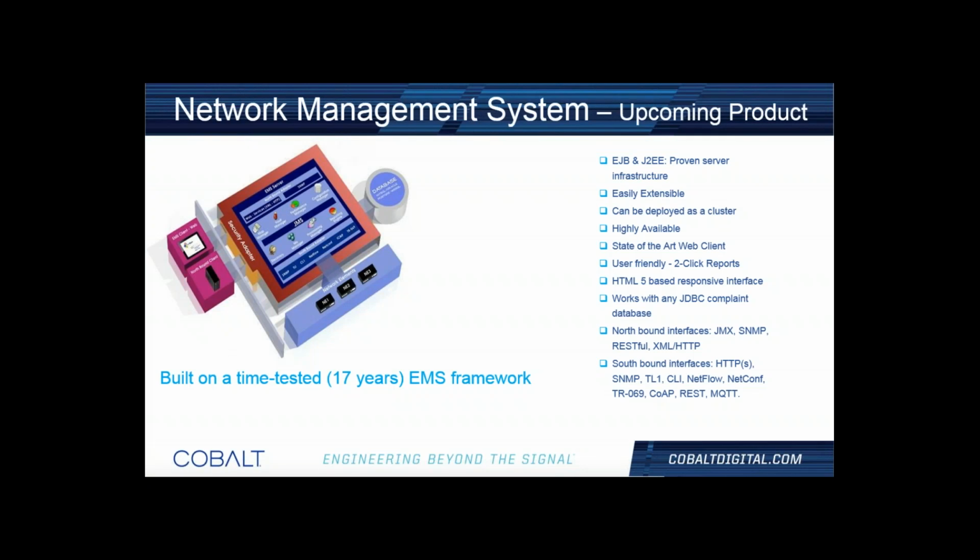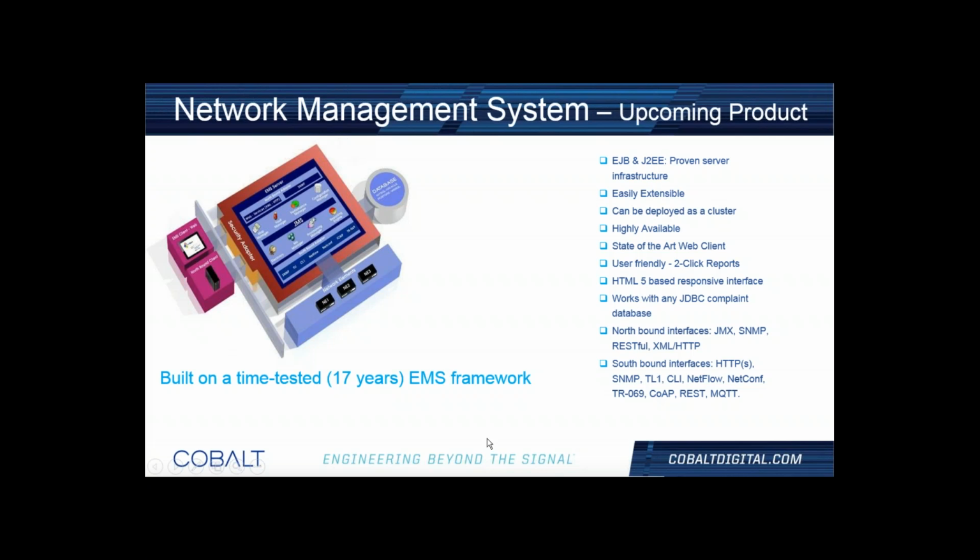The next upcoming product we would like to talk about is the Cobalt's putting together a network management system. It's based on the EMS framework that's been around for a while. It's web-based, and it's going to look at a network of products and manage those.